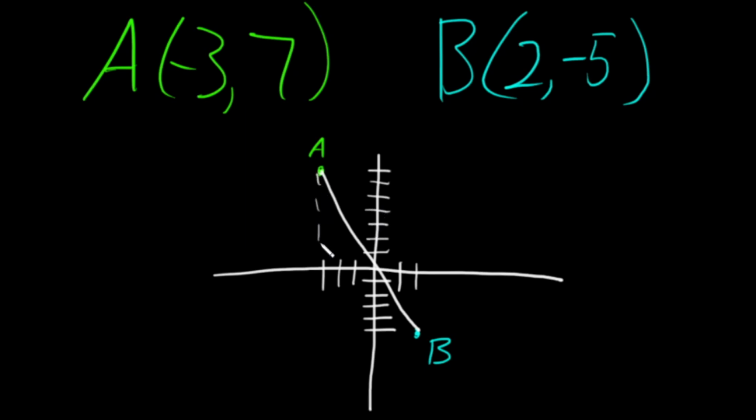And that looks like this. In our horizontal movement, we went from -3 to +2, so the total distance moved would be 5. And vertically, we went from 7 to -5. And that's a distance of 12.